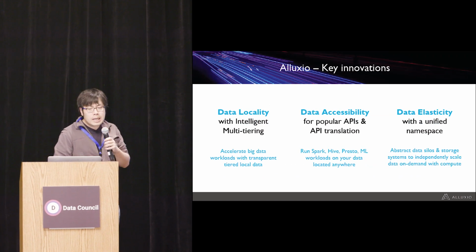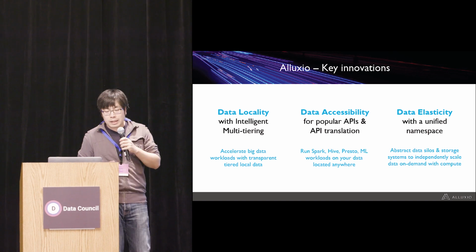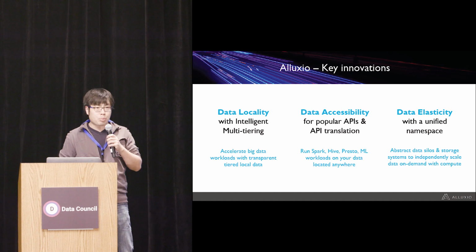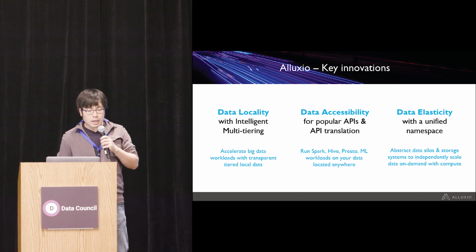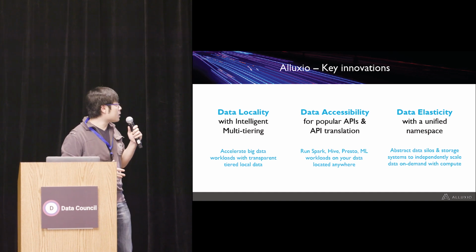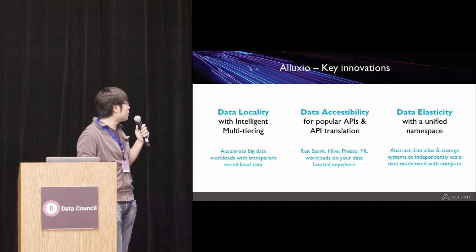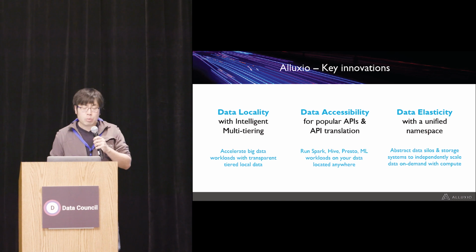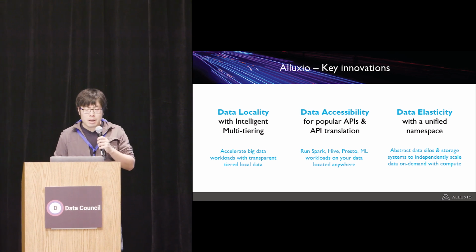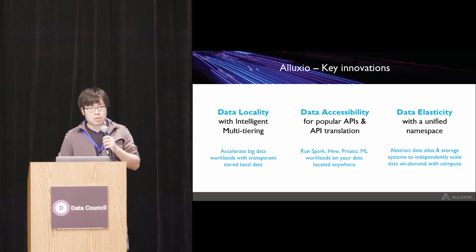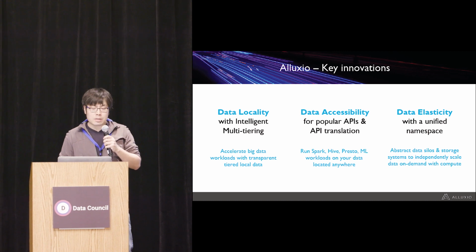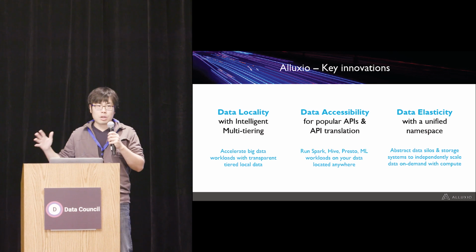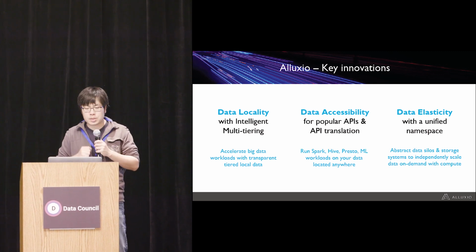So the key innovation we are providing here is that we bridge data locality by building smart caching inside this layer, so we can do intelligent multi-tiering caching. We also provide data accessibility by offering the most popular APIs to different frameworks. And in the end, we can manage multiple different storage systems in a single file system namespace.